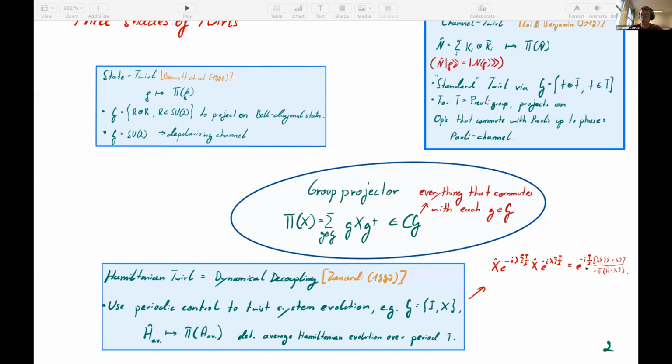If you average over well-chosen time bins, then the effective Hamiltonian will be one where this extra Z rotation is effectively twirled away. It is projected out because it doesn't commute with the X gate. So these are the different shades of twirl, and once we have come up with one of these twirls, it is fairly easy to translate it into the other incarnations of twirling.